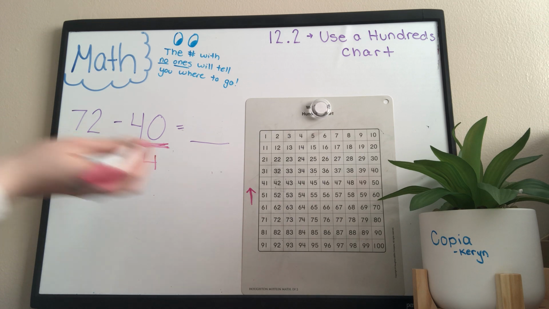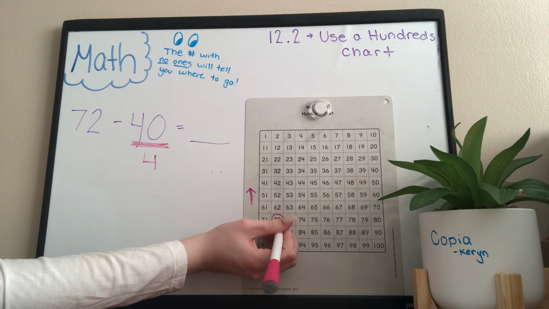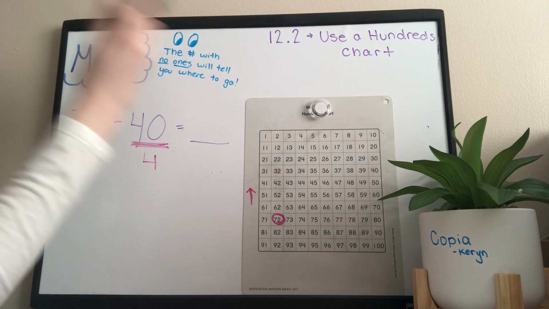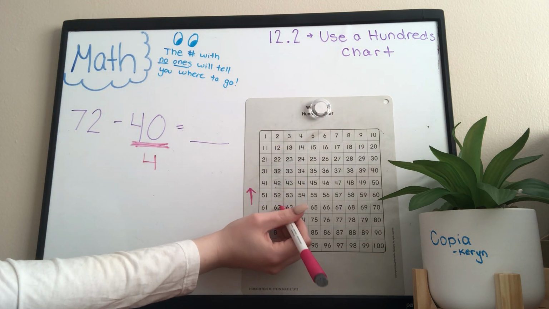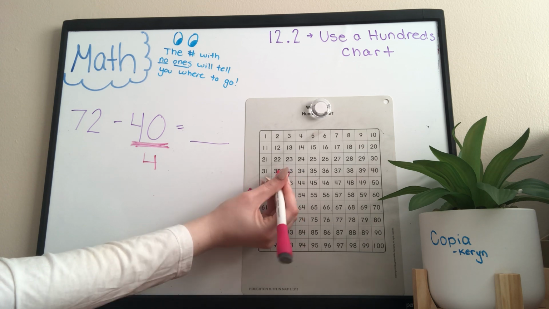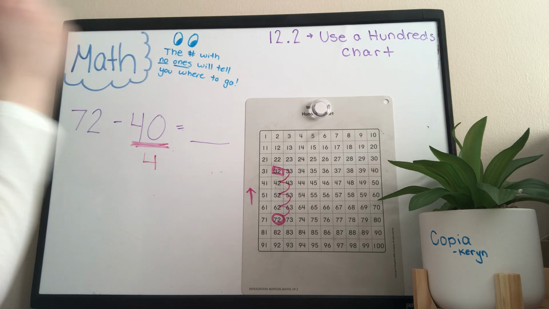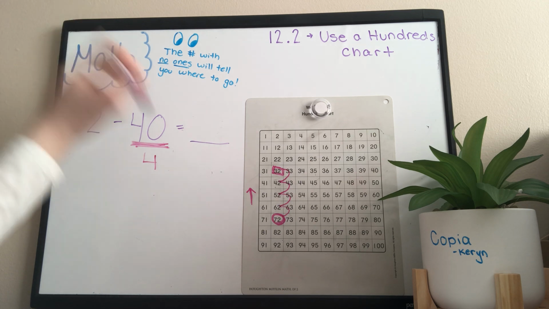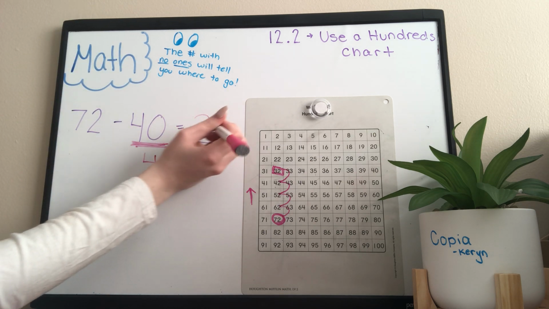There it is. 72. And how many rows did we say we're going to have to move up? Awesome memory. 4. Let's go. 1, 2, 3, 4. And now we're at our answer. What is our answer? Wonderful. Our answer is going to be 32.